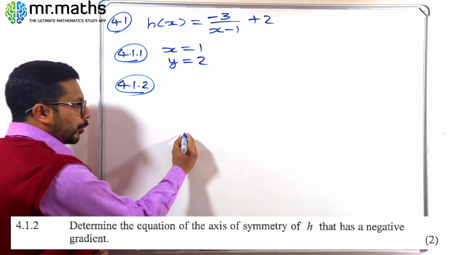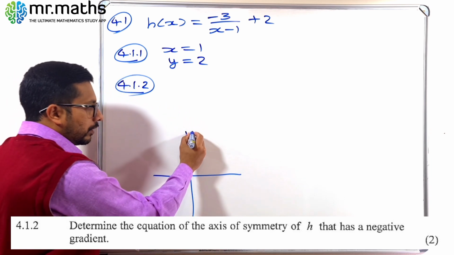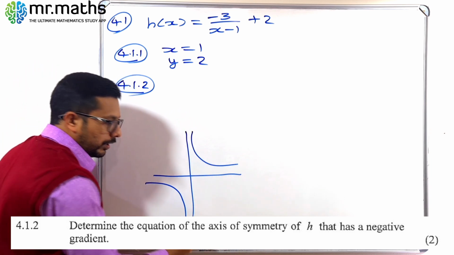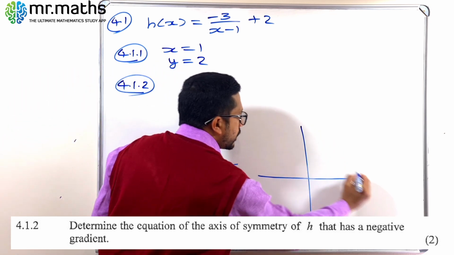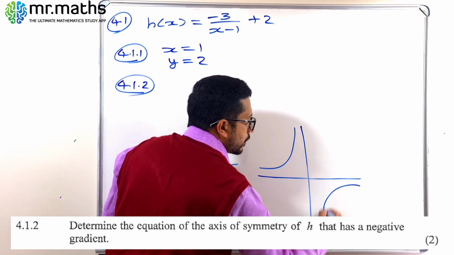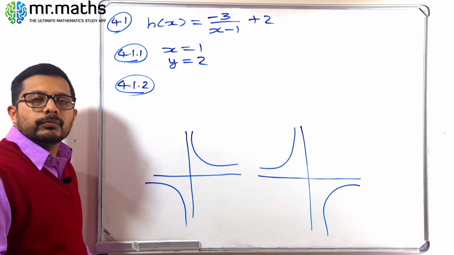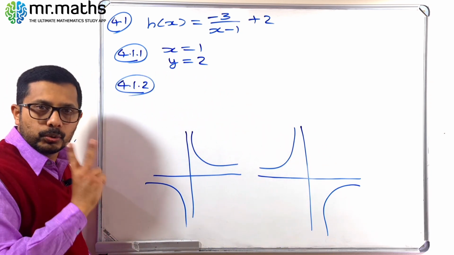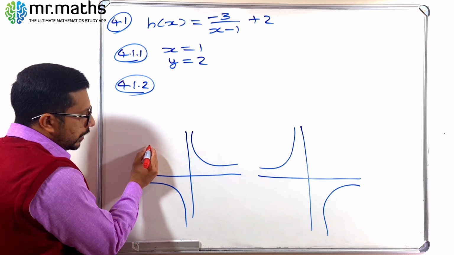For a hyperbolic function, maybe you remember the shape of the graph. Either it is something like this, this is a hyperbolic function, or another shape is like this. Whatever the shape, for a hyperbolic function there are two axes of symmetry. One axis of symmetry is this one.